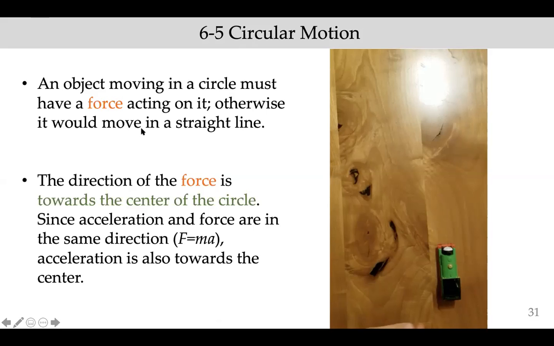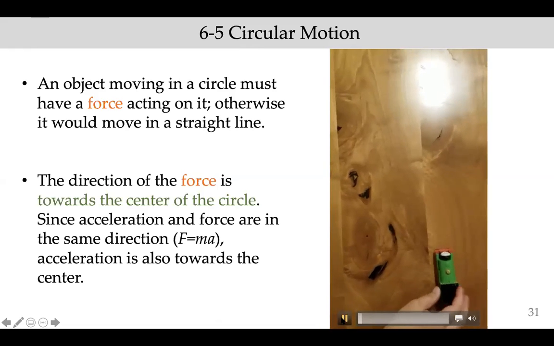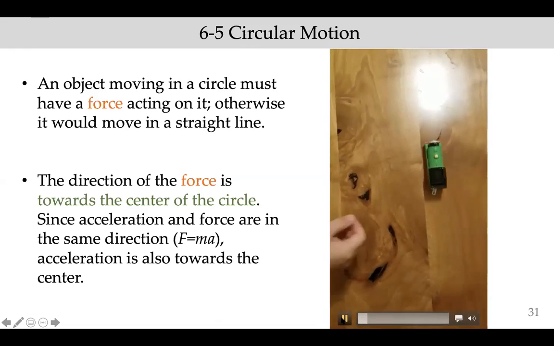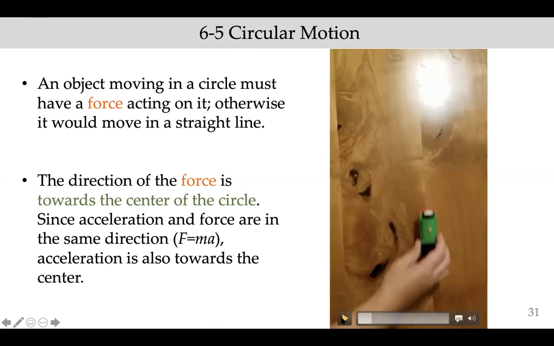I have a recording here, which I did by using my son's toy train. If I turn it on, it just goes straight. So that's what it says here: if there's no force acting on the object, then it would just go straight.